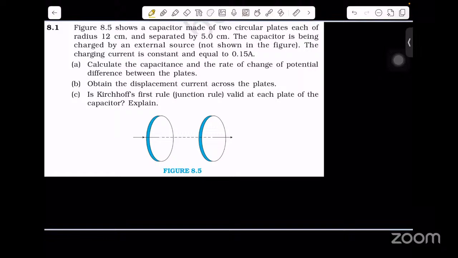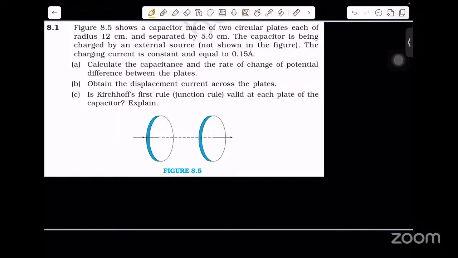And here is the first question right in front of us. Let's read through the question statement. This figure 8.5 shows a capacitor made up of two circular plates. This is one plate, this is the other plate, each of radius 12 centimeters, and they are separated by a distance of 5 centimeters.